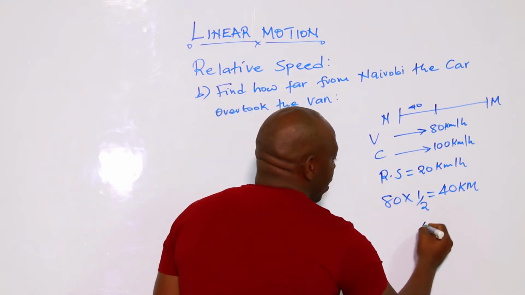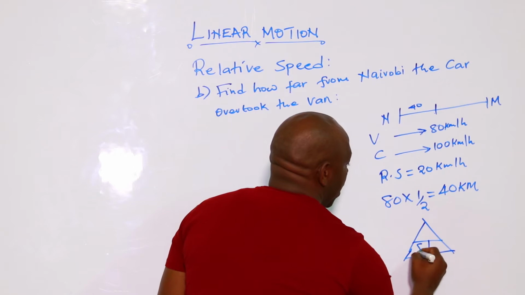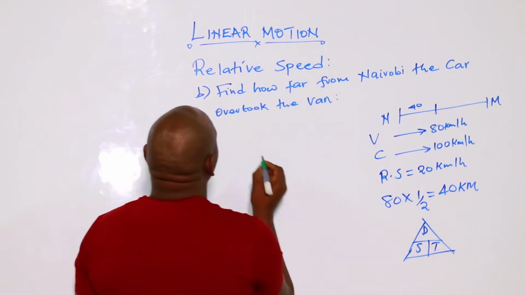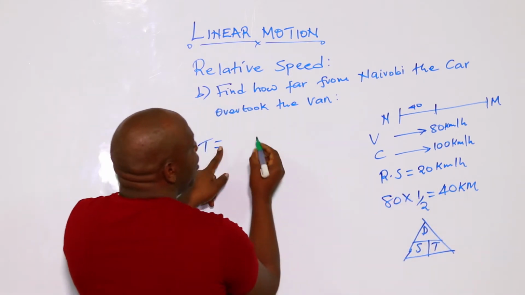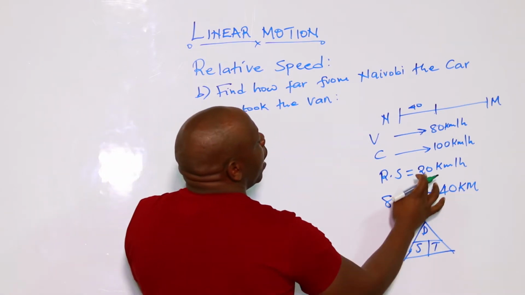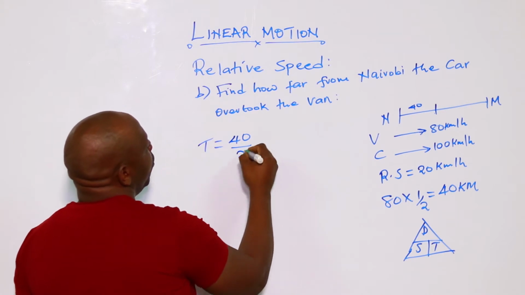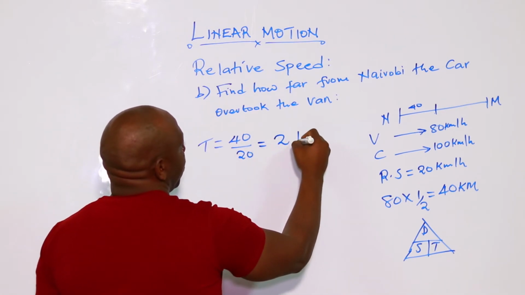And we know that speed is distance traveled over time taken. And therefore, the time would be distance of 40 kilometers at a speed of 20 kilometers per hour. And if you cancel that, you get 2 hours.